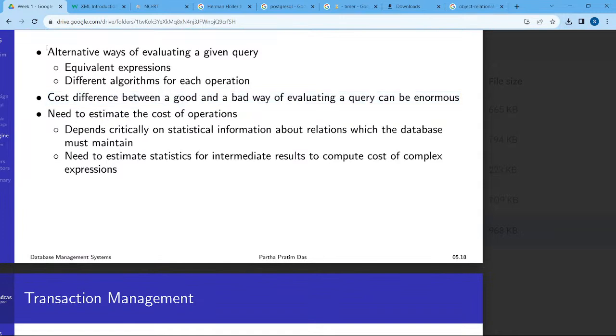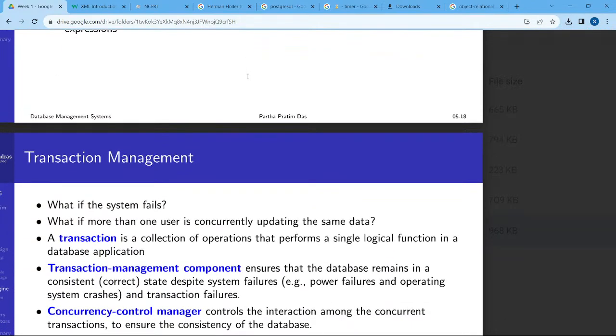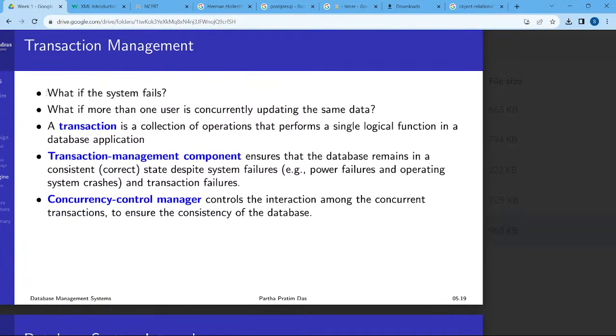There are many ways to evaluate a given query. So let's do transaction management first. What if the system fails? A transaction is a collection of operations that performs a single logical function in a database application.